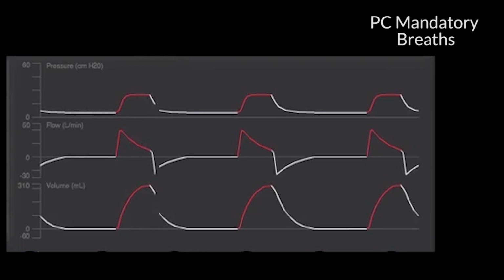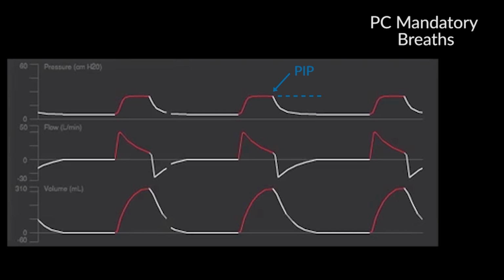In some ventilators, the peak inspiratory pressure is set directly. In some ventilators, the pressure for ventilation is set as a pressure above PEEP, sometimes referred to as the delta pressure. And in this case, the peak inspiratory pressure is the delta pressure plus the set PEEP.